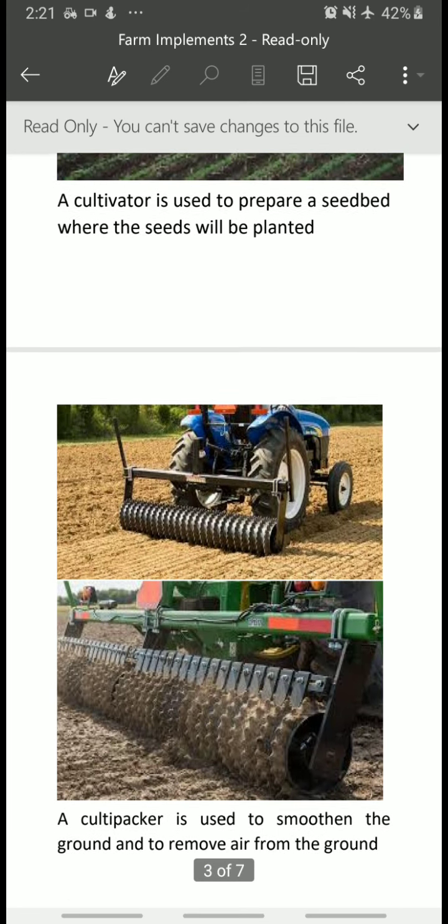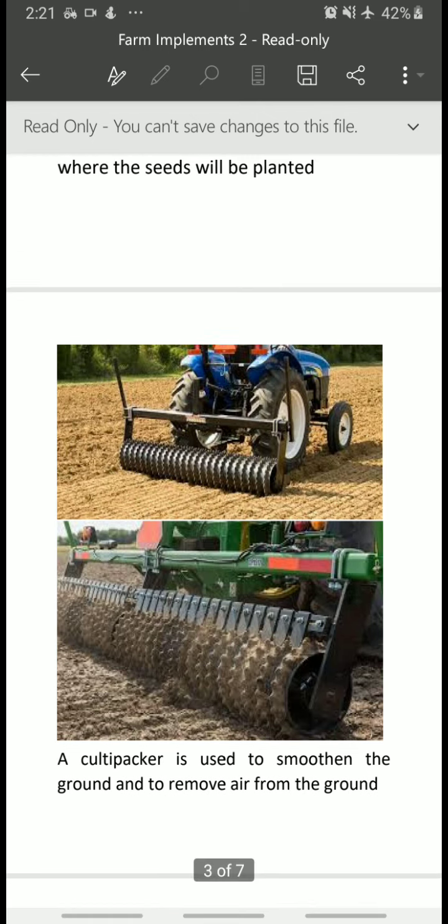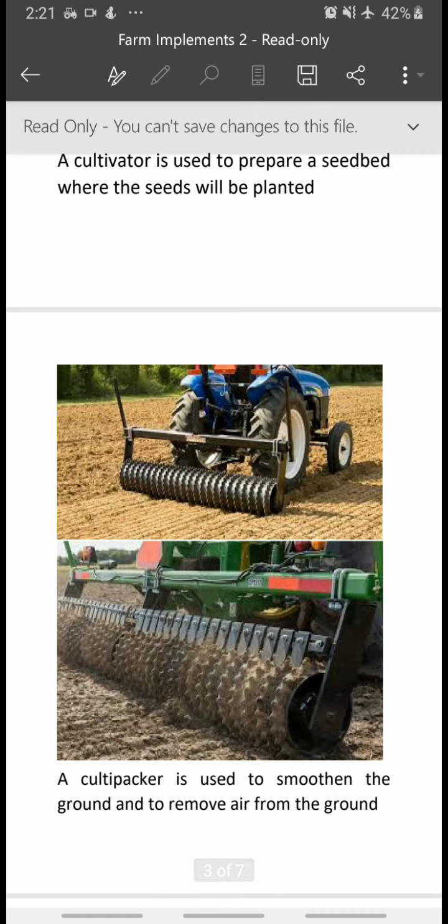And then we have the cultipacker. Before we make the bed, we have to clear it. Remember we said the hoe is used for loosening the soil, and we also use the shovel, the spade, to loosen the soil, to dig the soil.